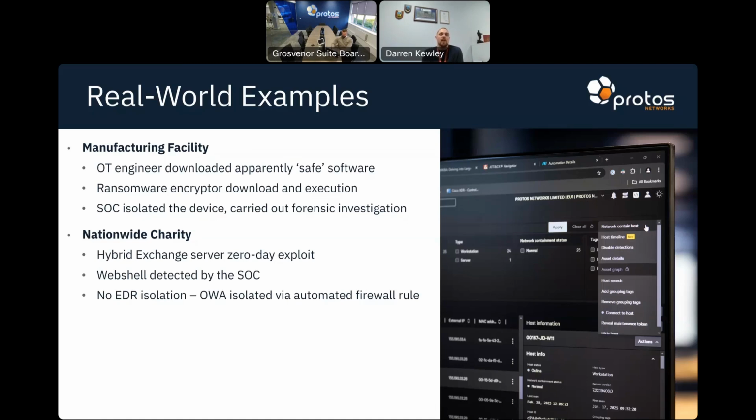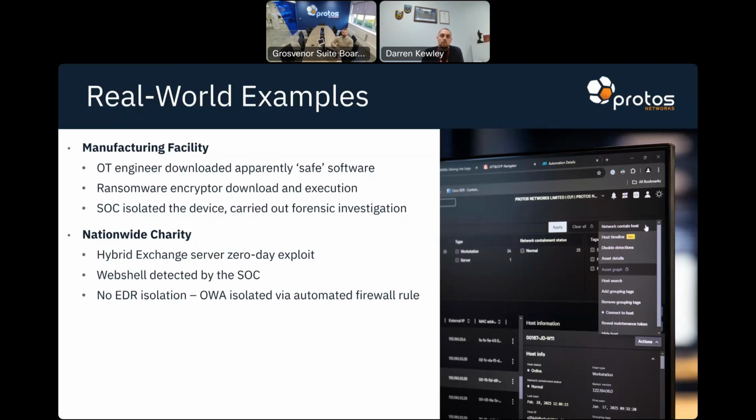We detected that, but we didn't necessarily have the EDR there, the reason being they had just renewed their antivirus contract with their previous supplier. Now they had the antivirus, but they didn't have the ability in their licensing to isolate that device. Again, it's something we identified with them that they need to look at, but obviously budgets and risk and things like that, they said, well, we're going to get rid of this service soon.